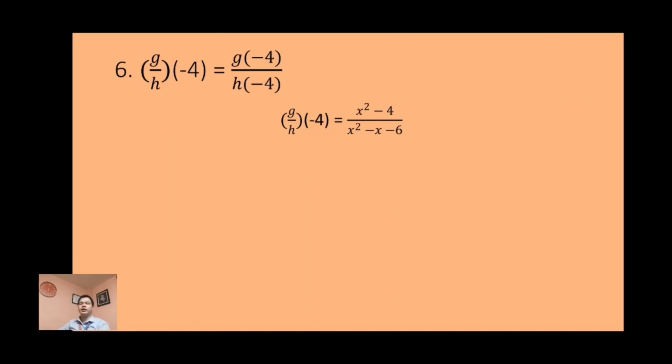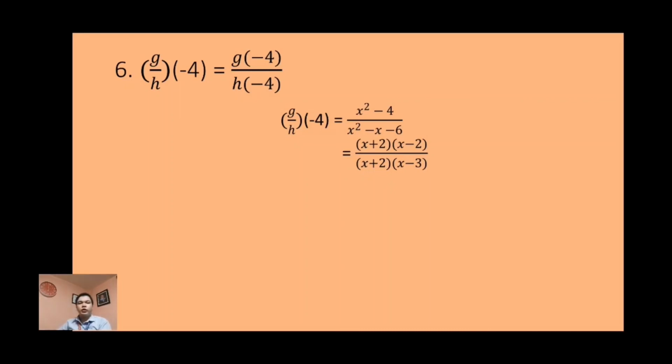And as you can see, we can factor out both numerator and denominator. So what are the factors of x squared minus 4? The factors of that equation are quantity of x plus 2 times quantity of x minus 2. And then what are the factors of the denominator?